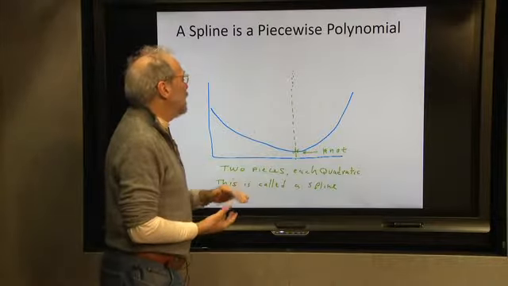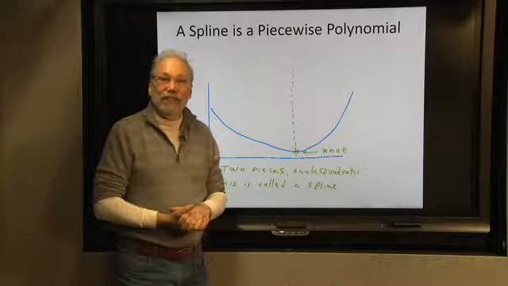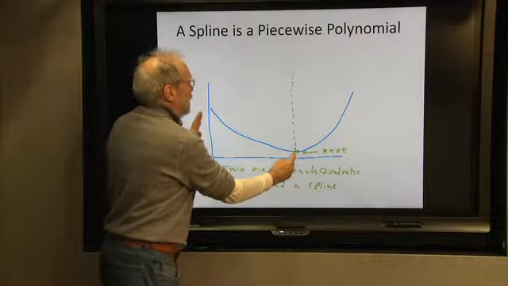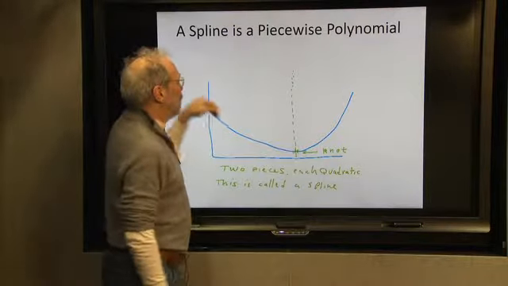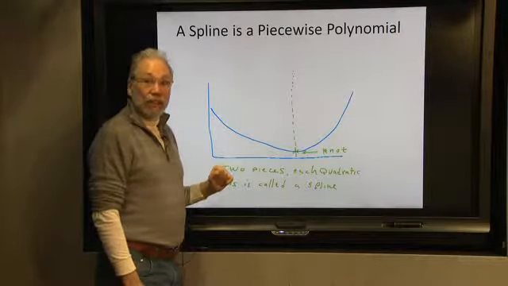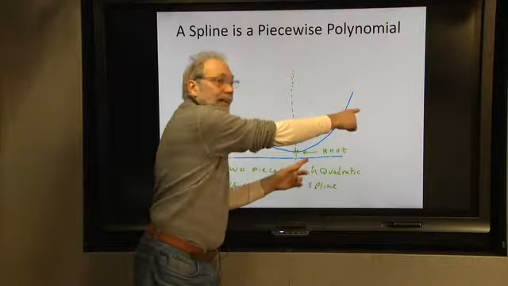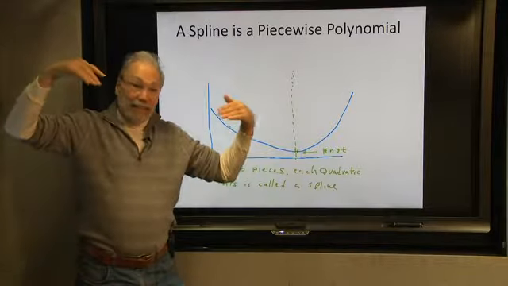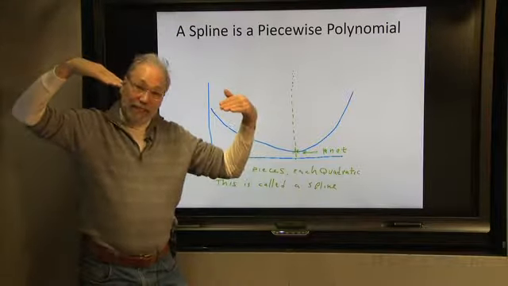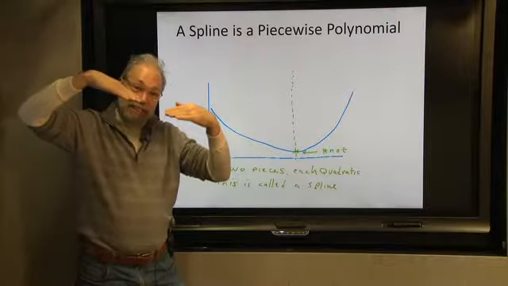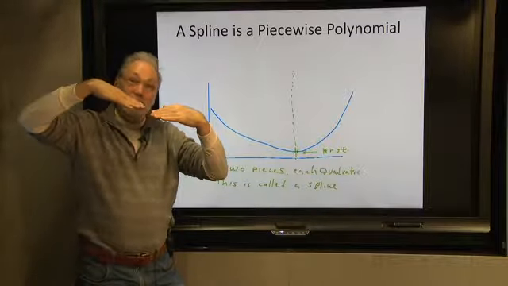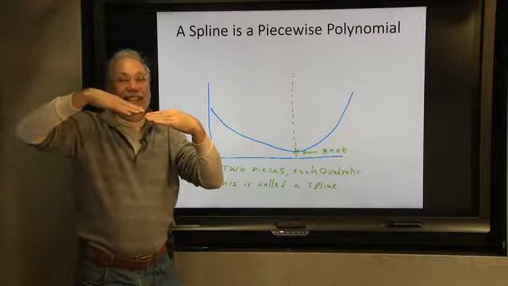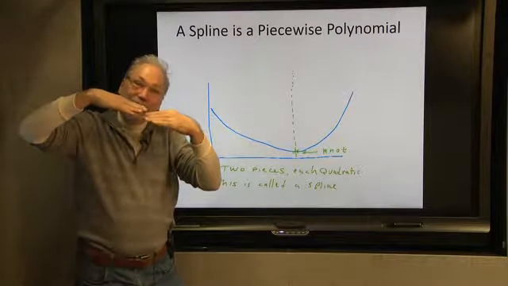However, there's one requirement that we generally place on splines. If I just took all the data less than this temperature and fit a quadratic polynomial for the cold days and did the same thing for the hot days, and they ignored each other, right? Then they're going to come into the nice temperature range, and there's nothing that makes them meet up.